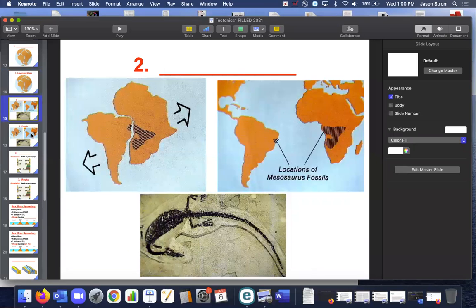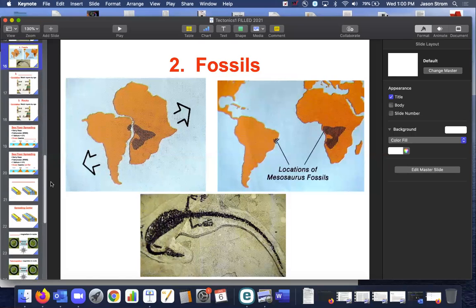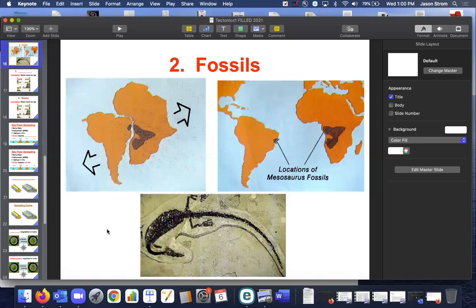The second piece of evidence is fossils. Now, there are other examples all over the world, but this example with South America and Africa is used quite a bit. So what happened was, on the eastern coast of South America and the western coast of Africa, there were fossils that were identical.